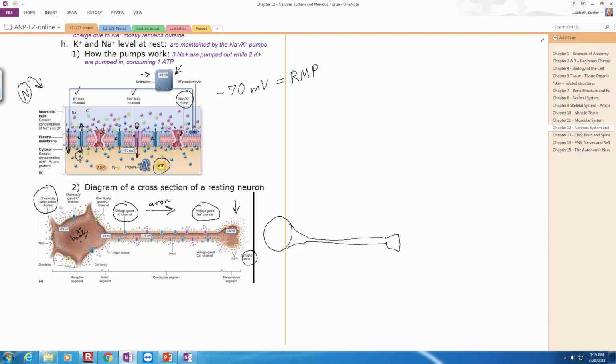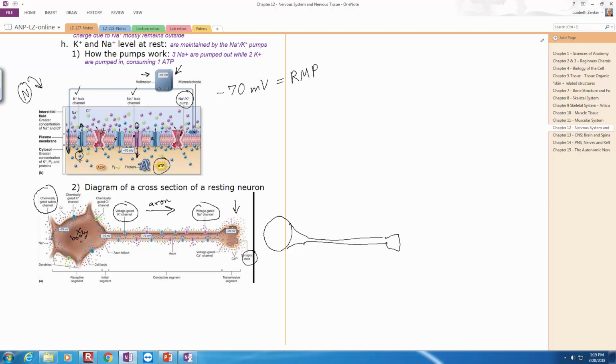The cell body end is the receptive end. The axon terminal or synaptic knob, the other end of the axon, is going to be your effector end, the doer end. So transmission is only going to go one direction.